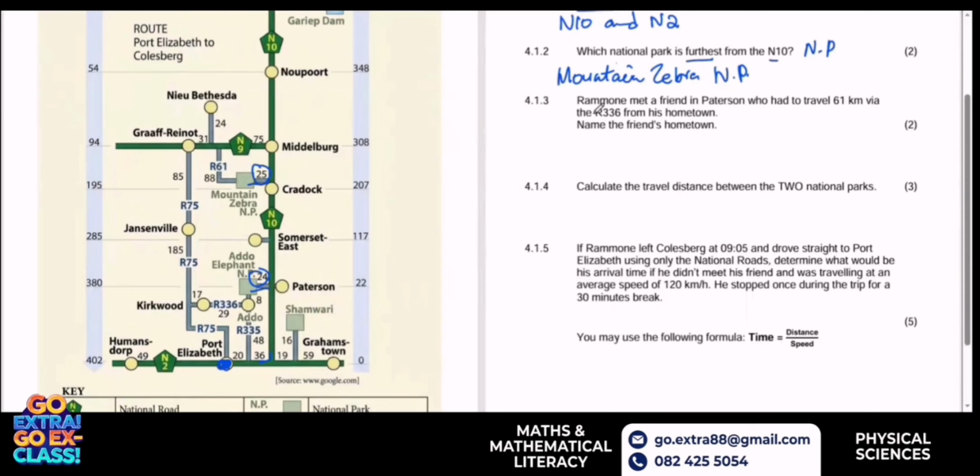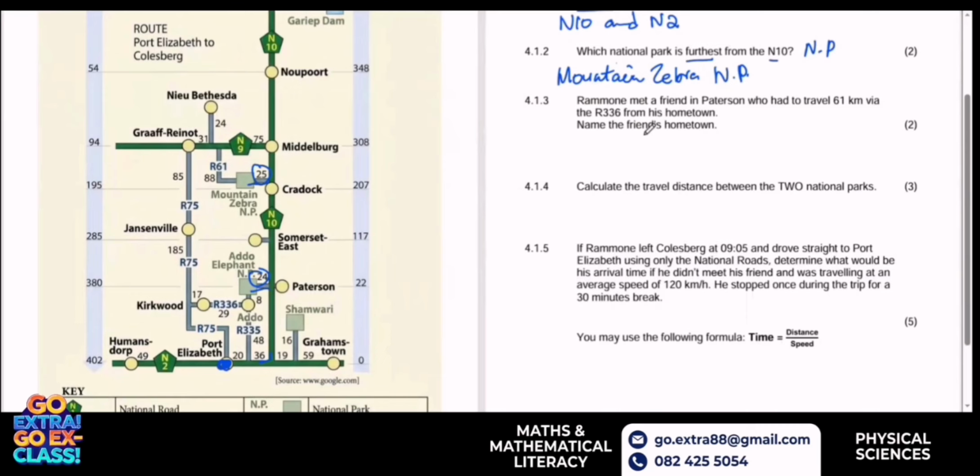This says Ramon meets a friend in Peterson, who has to travel 61 kilometres via the R336, which is a regional route, from his hometown. Name the friend's hometown.